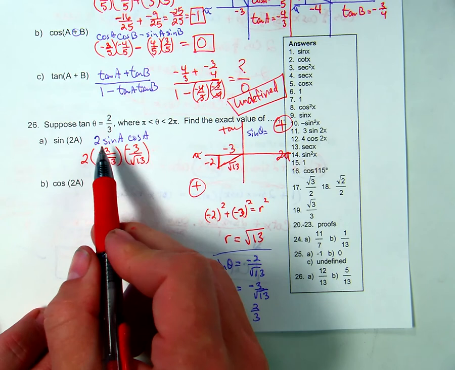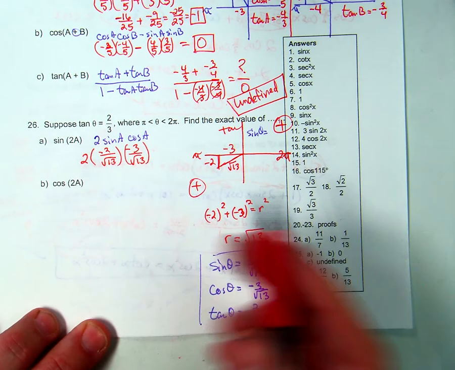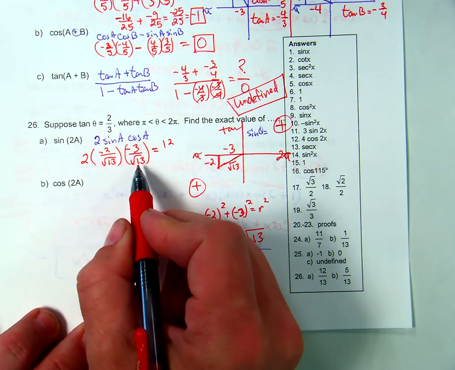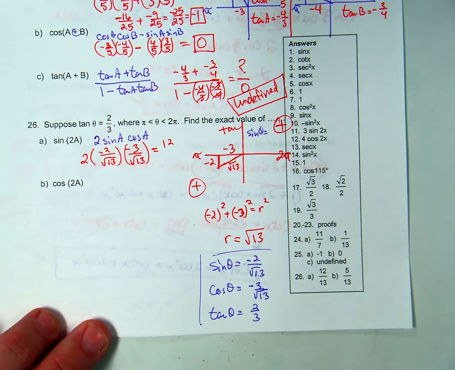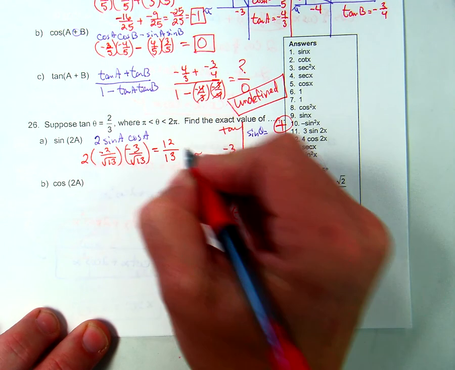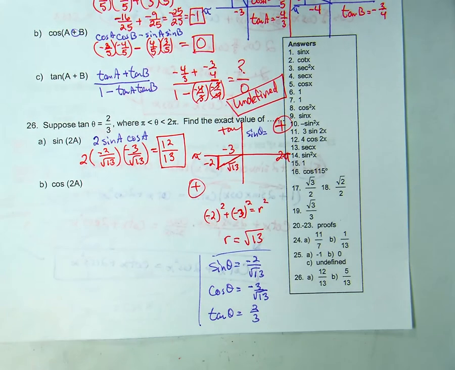Well, 2 times negative 2 is negative 4 times negative 3 is a positive 12. And square root of 13 times square root of 13, anytime you square a square root, it just becomes what's underneath the radical. So we have 12 over 13 for sine of 2a.